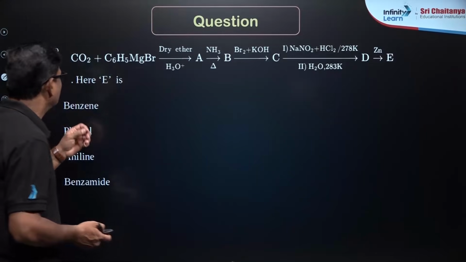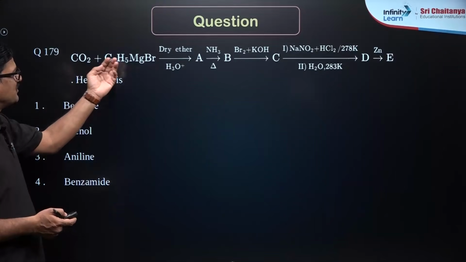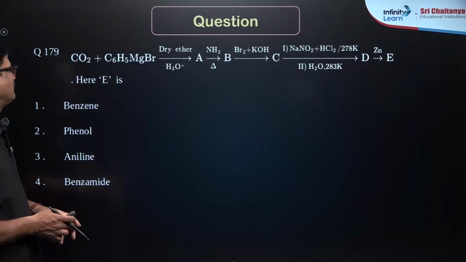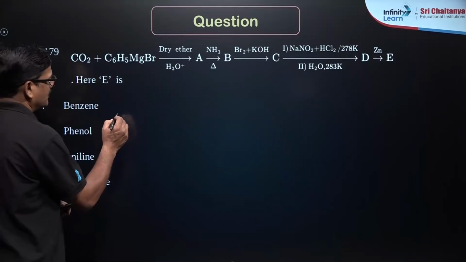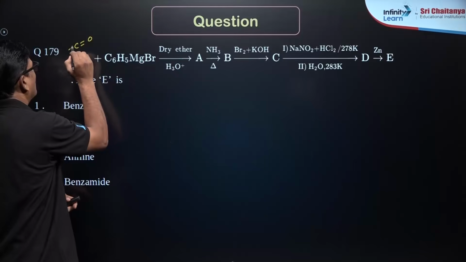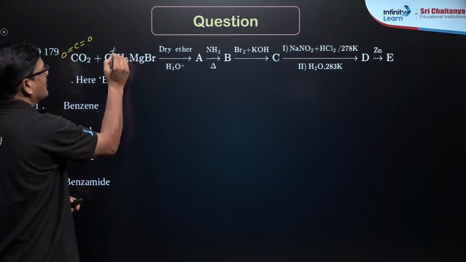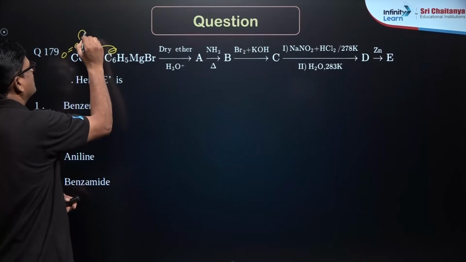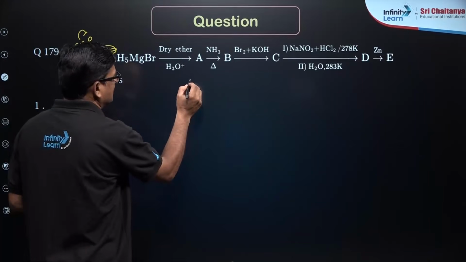Moving ahead, CO2 with C6H5MgBr in dry ether. This C6H5MgBr is a Grignard reagent, and with carbon dioxide it gives benzoic acid after hydrolysis.